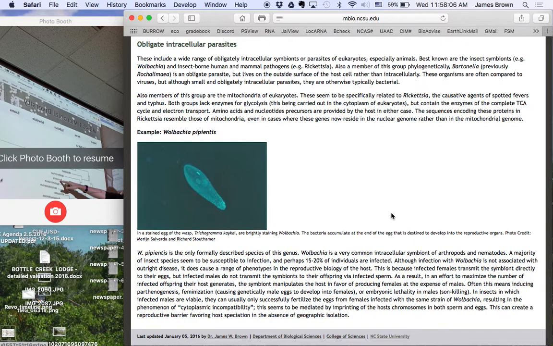If this egg is a female egg, then that infection will result in an adult female wasp that can in turn transmit the Wolbachia to its offspring, right? But what if it's a male egg?